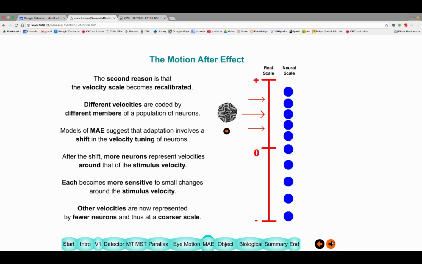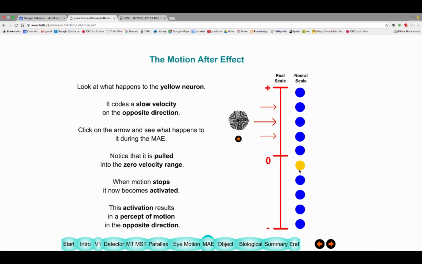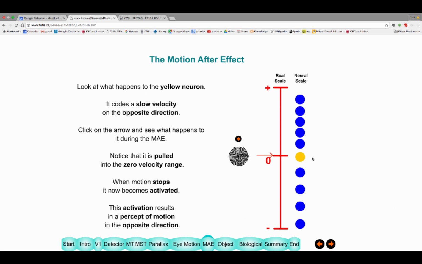Now, what happens as a consequence? Watch this yellow cell. This yellow cell fires when something's moving slightly in the opposite direction. When this starts moving, you can see that cell being dragged over to this area. That area is the motion in which cells are still.